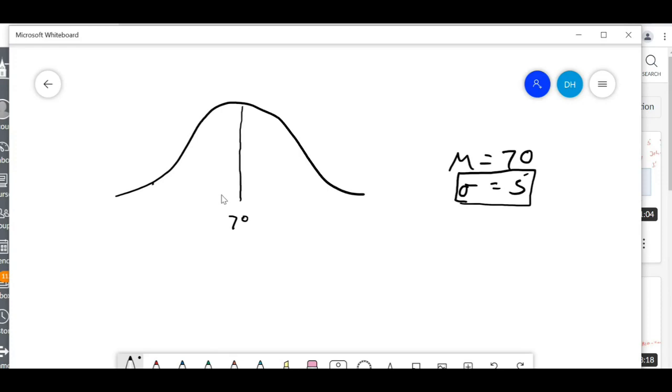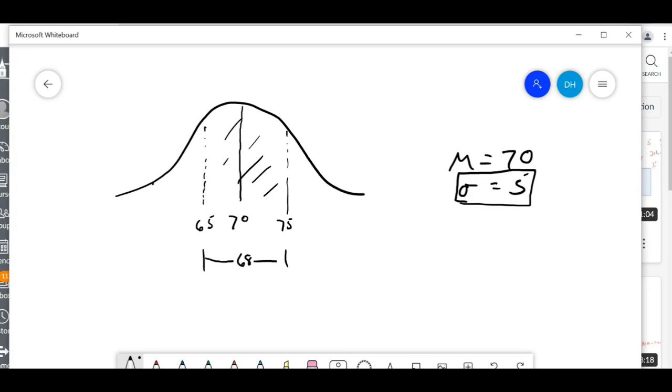If I take one standard deviation step up, I'm now standing at 75. And you take one standard deviation step back, and you're now standing at 65. What's special about this shape is this. Between us is 68% of the entire curve. Always. 68% is between these two locations.